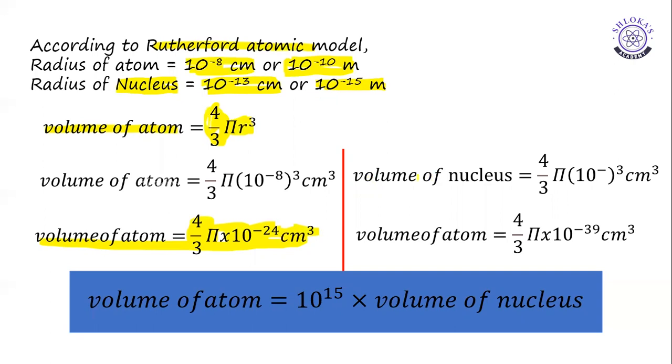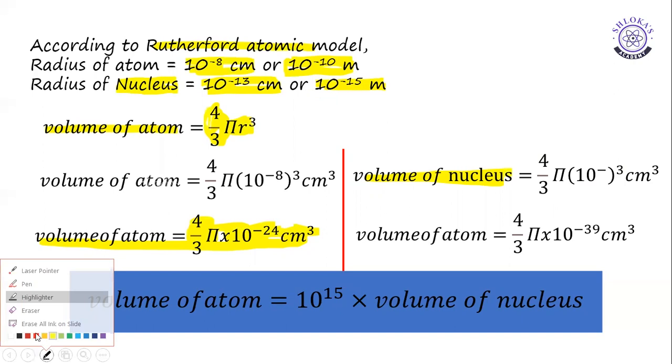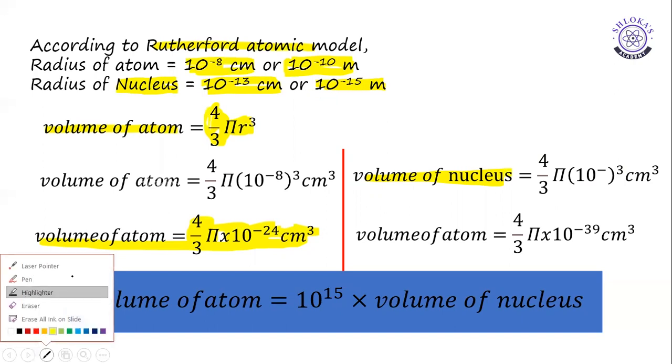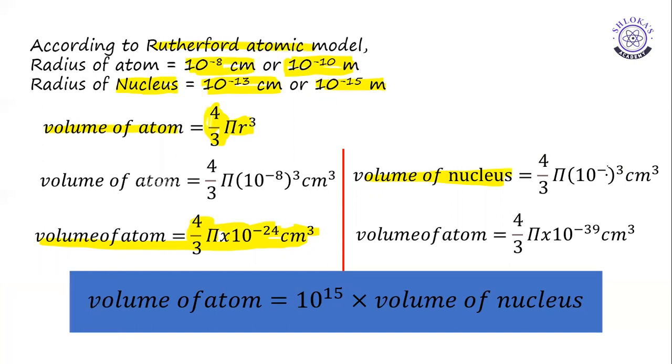Similarly, volume of the nucleus: already we know the radius, and if you substitute here 10 to the power of minus 13 power 3. Right? It was missed here, please note it down. It was minus 13 here. This is the volume of the nucleus. It is not atom, it is nucleus.